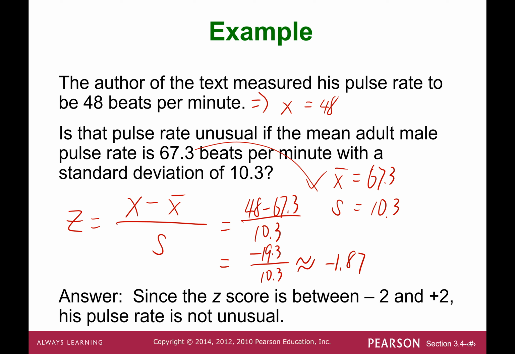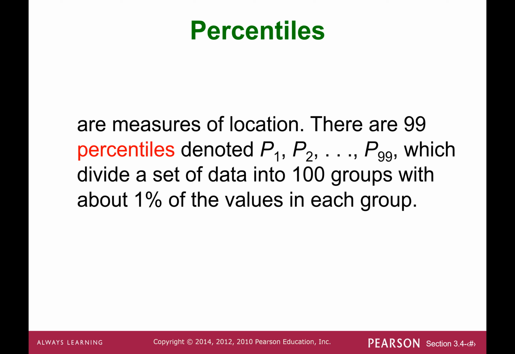If you look at this z-score, it's right in the middle of negative 2 and 2. It's greater than or equal to negative 2 and less than or equal to 2. That means this pulse rate is not unusual, meaning it's usual. So using the z-score, we can identify usual values and also unusual values.